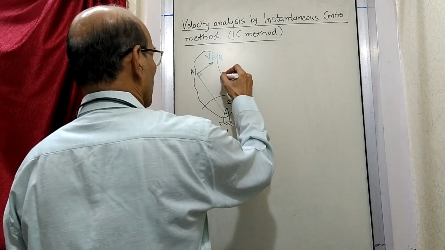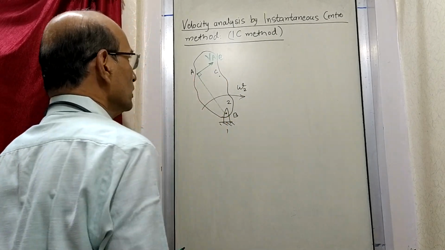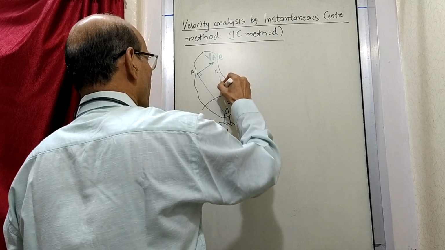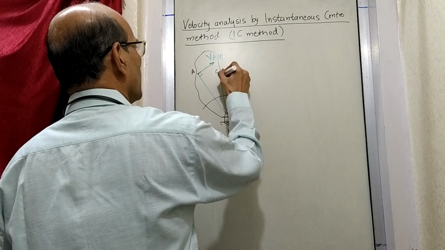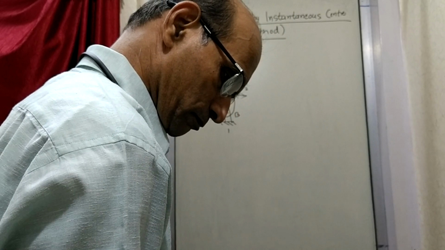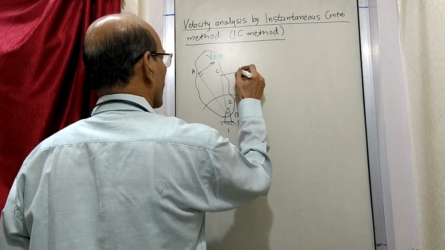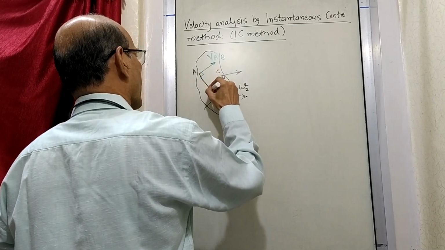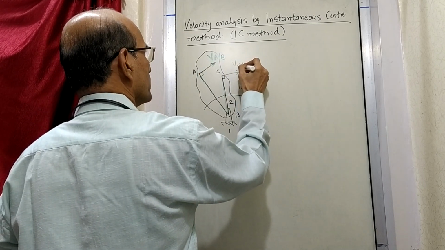Now suppose we take another point here called C. This is B, this is A, this is C. Now what is the velocity of C? For that we join C to B, and then we draw a line like this. And now we say that this is the velocity of C with respect to B.